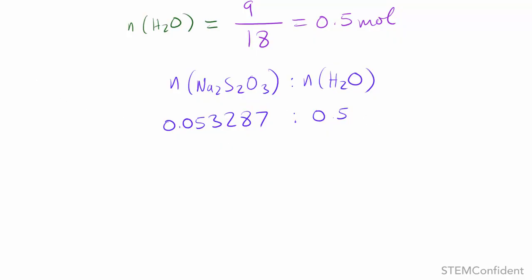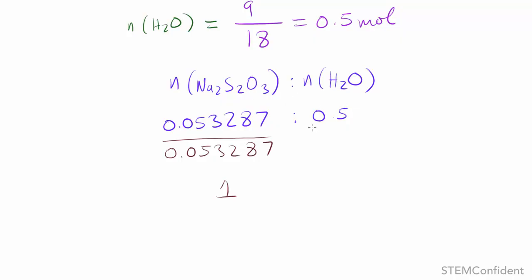So how are we going to do that? Well, the straightforward way is to divide it by itself. So if you divide this by 0.053287, that's going to give us 1, because we are dividing it by itself. Now, this is a ratio, which means that what we do on the left-hand side, we also need to do on the right-hand side.